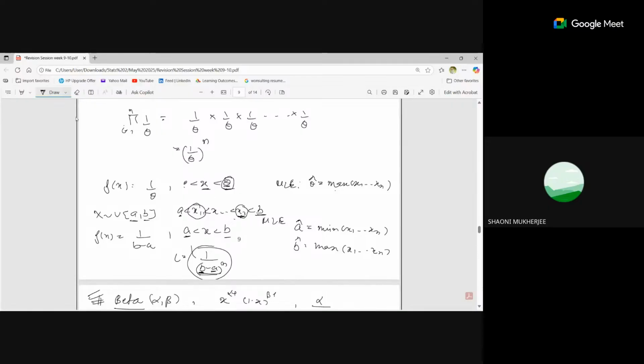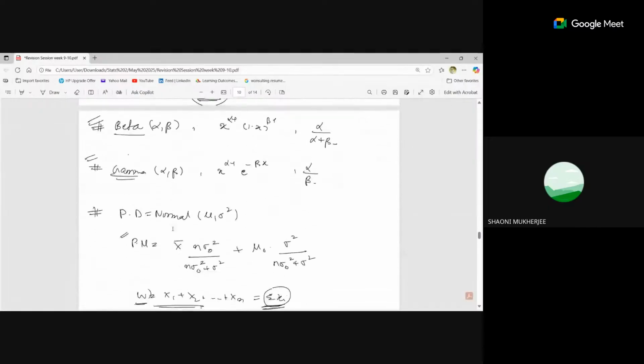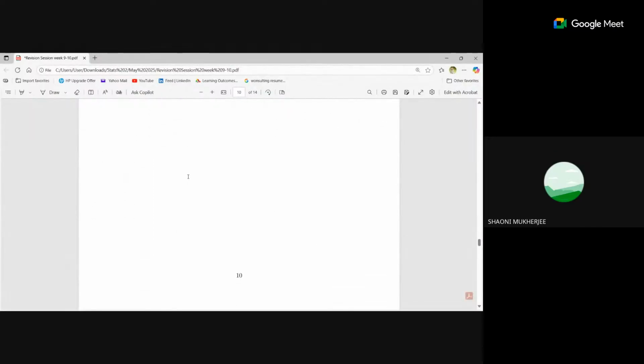I understand some easy problems, but there was a problem where theta hat was 2x bar, and x1, x2, xn are IID samples from uniform 0 theta, so find the mean squared error for theta hat. Will this kind of question come in the exam, or can I skip bias? Is this not coming? Okay, thank you, ma'am, because it's so confusing.